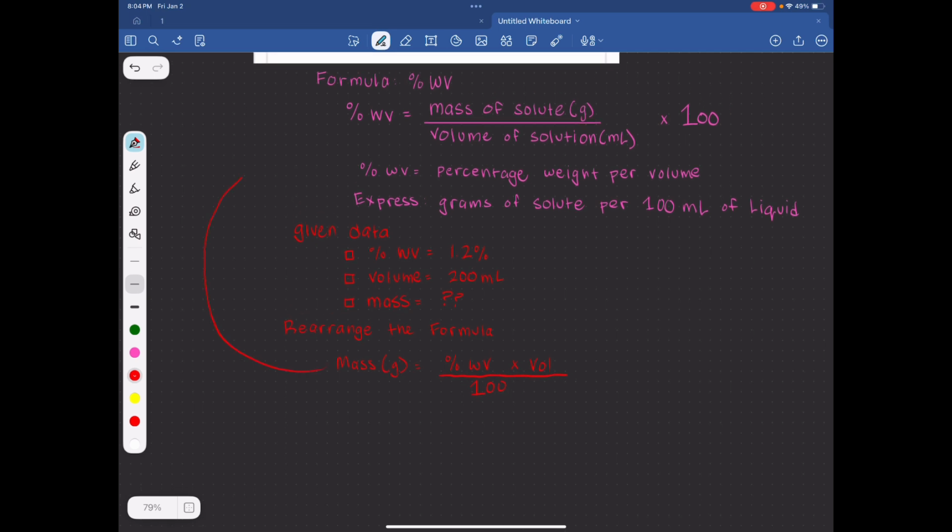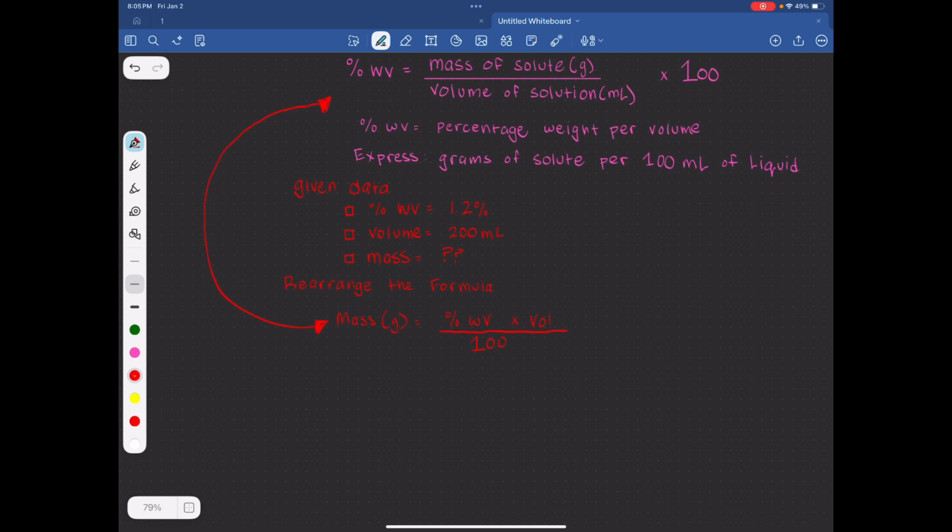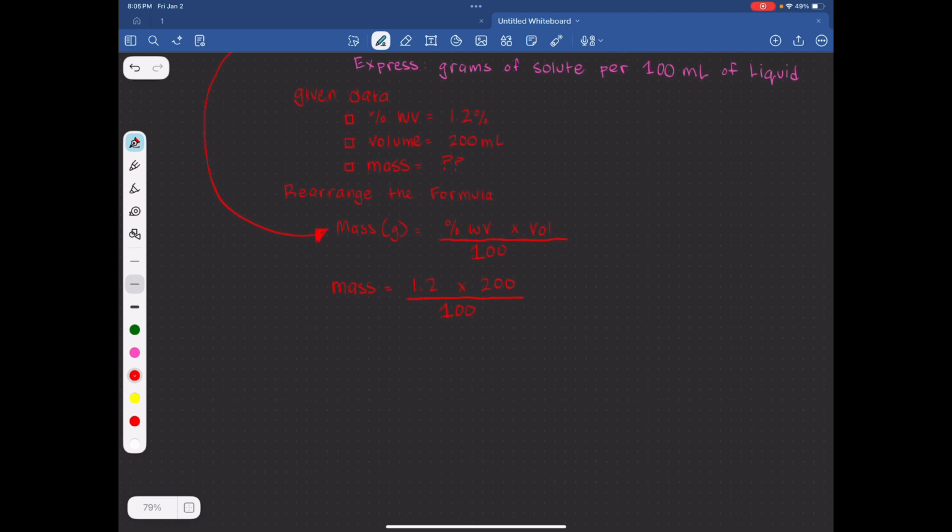So that's just this formula up here that we rearranged. And then we just plug and play. So our mass is going to be equal to 1.2 times 200 divided by 100.